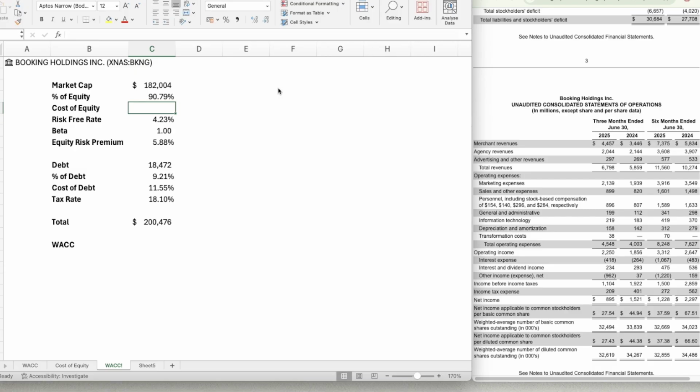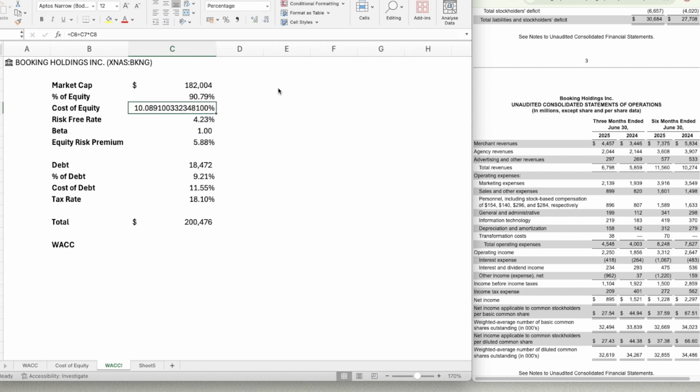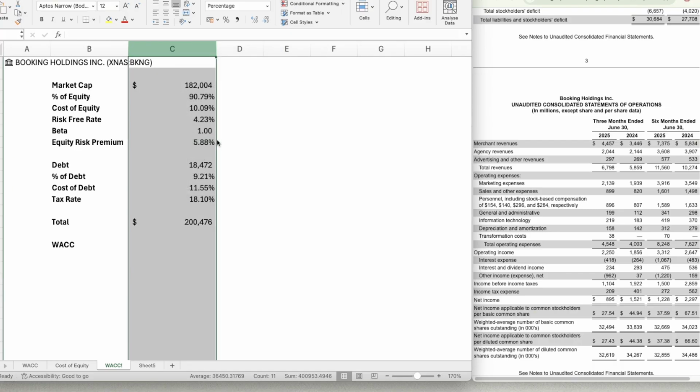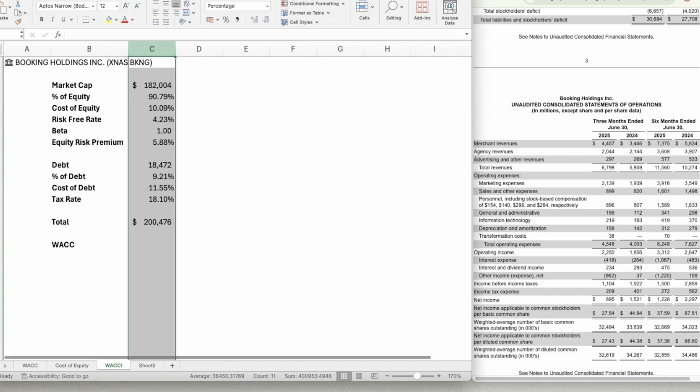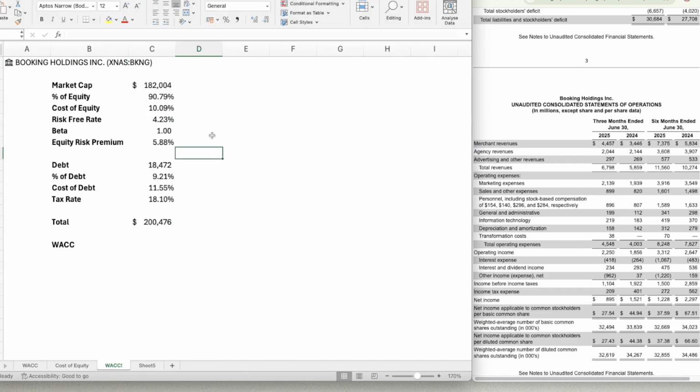Okay, so cost of equity now is the risk-free rate plus the beta multiplied by the equity risk premium, which obviously we know from the other side.